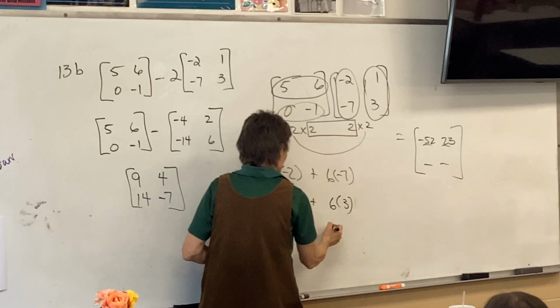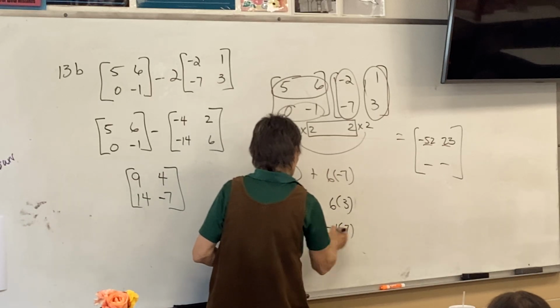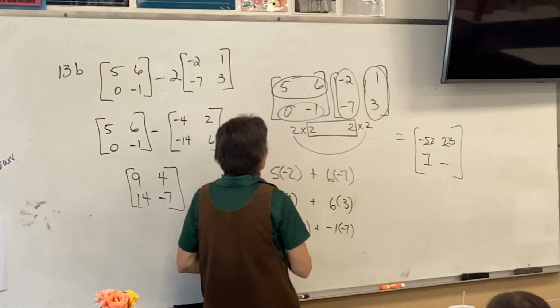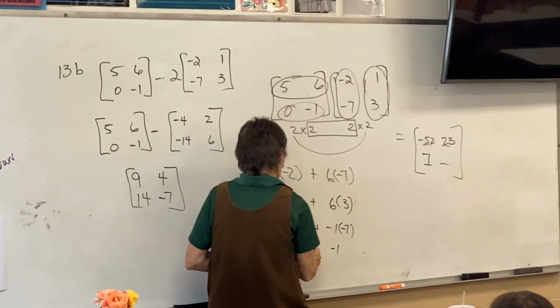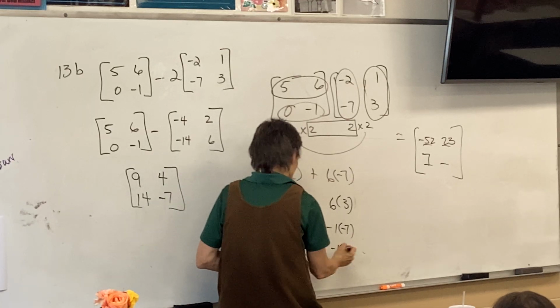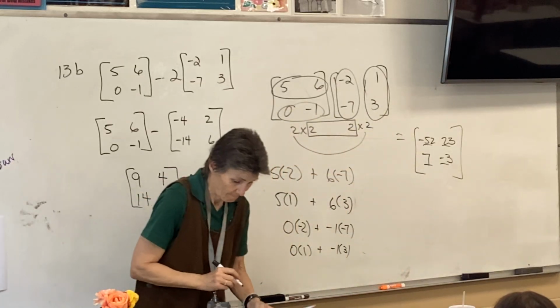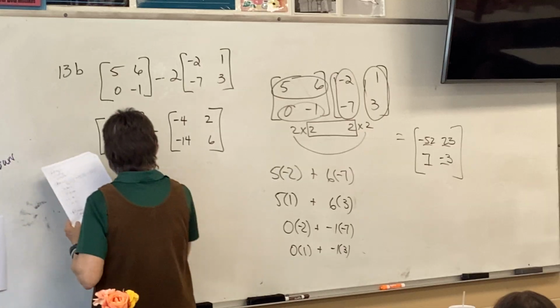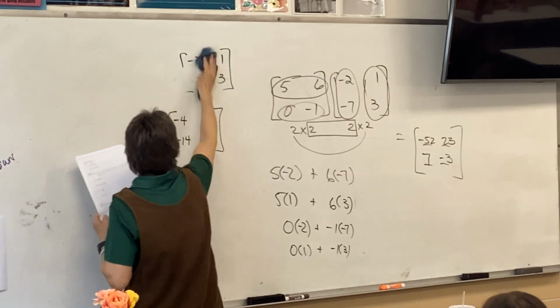So 0, negative 1 times negative 2, negative 7. And 0, negative 1 times 1, 3. There we go. So we need to know how to add and subtract matrices. We need to know how to multiply them.